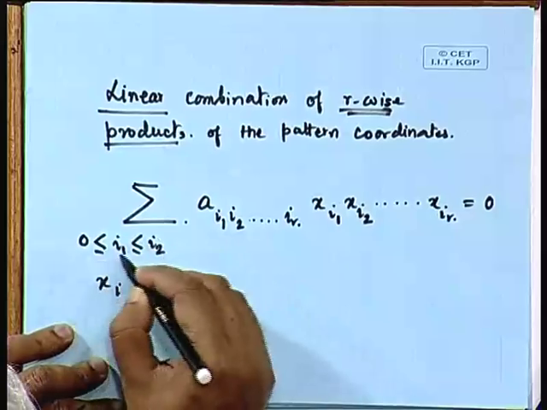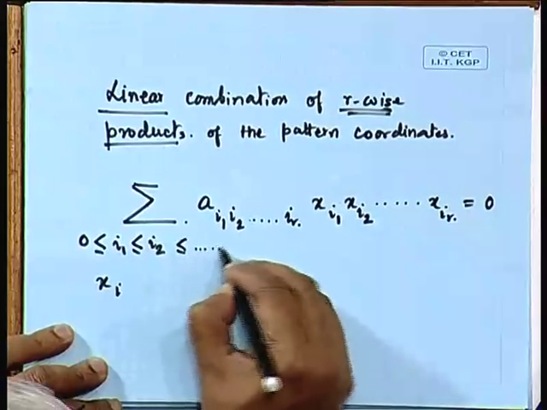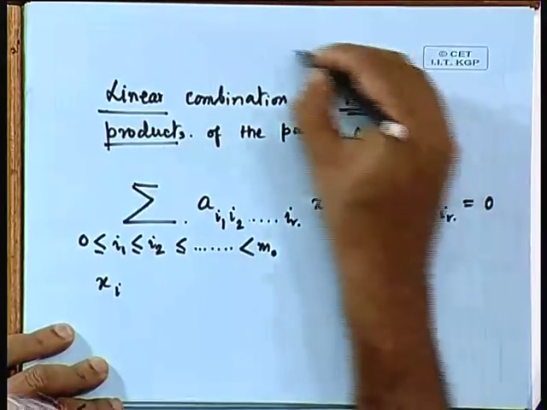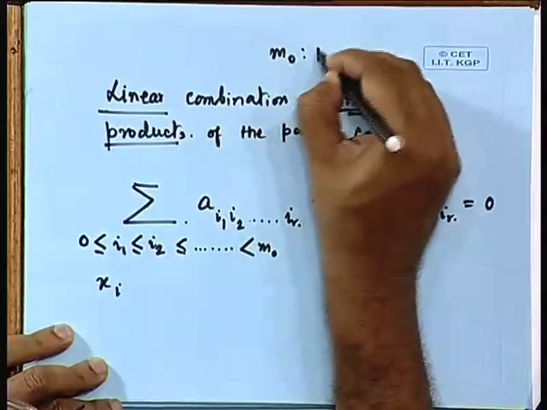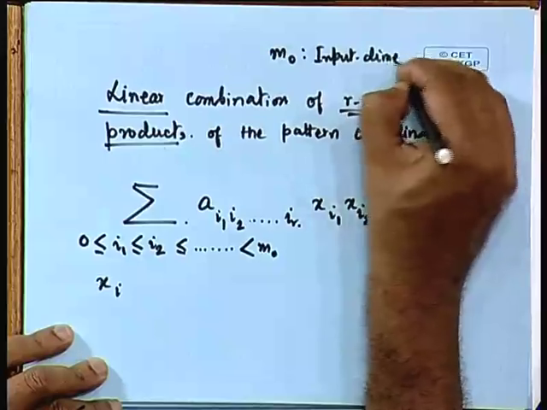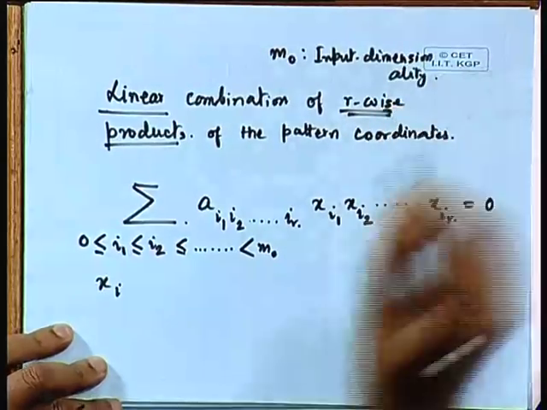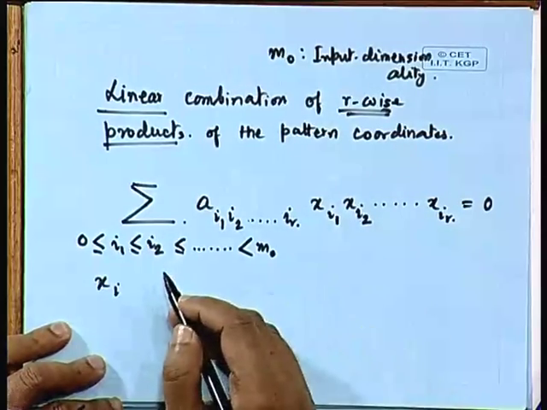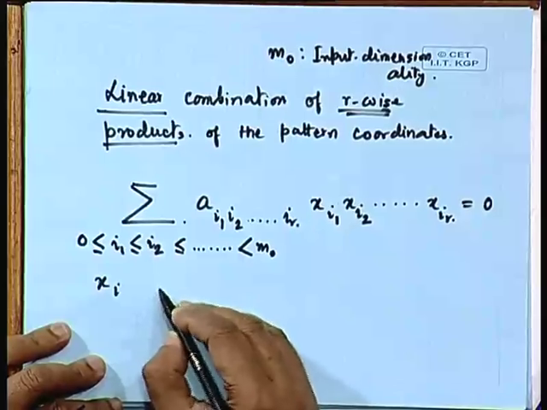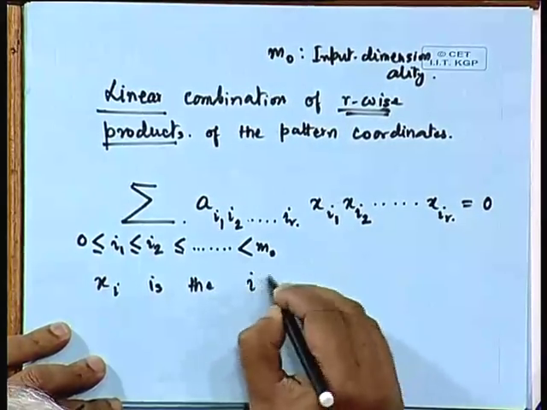So, it is 0 less than or equal to I1 less than or equal to I2, and so on up to M0, where M0 is the input dimensionality. And then what is xi? Xi is the ith component of input vector x.